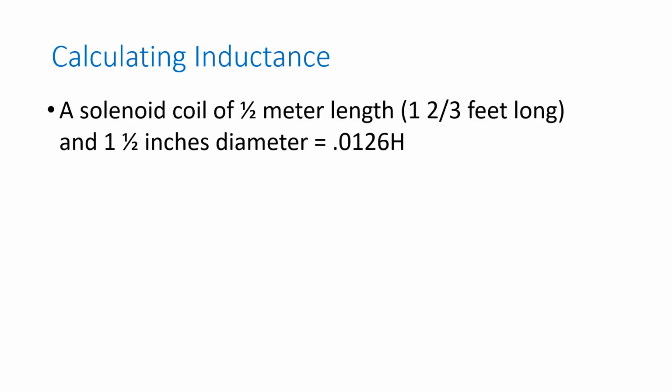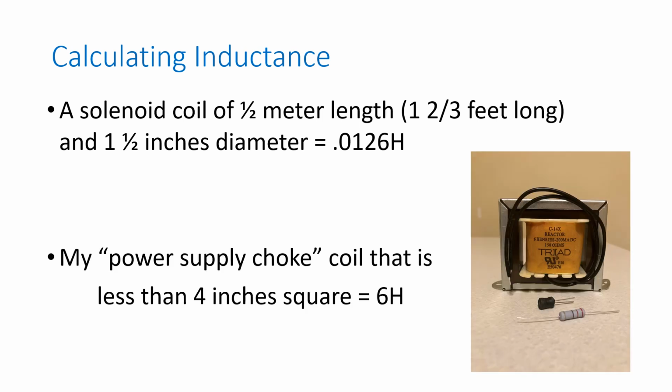This coil I just told you about is 19 inches long, and it has 0.0126 henries of inductance. But I showed you a power supply choke that is less than 4 inches square, and it has 6 henries of inductance. How could something so small have so much more inductance?